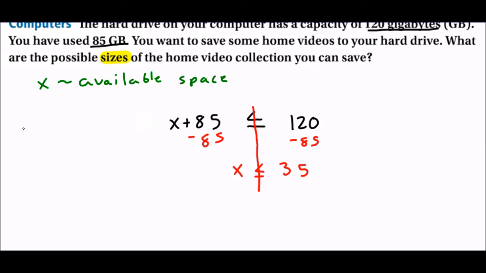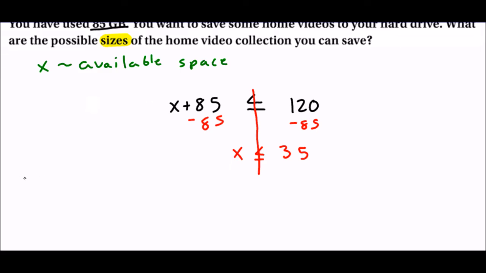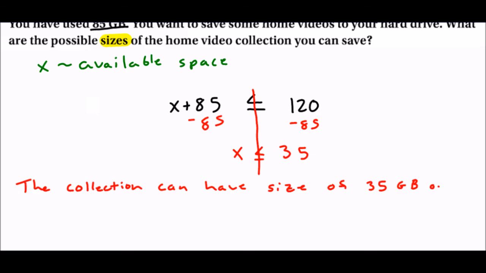And so we need to say something like the collection can have a size of 35 gigabytes or less. And that answers the question. It says the collection can have a size of 35 gigabytes or less, which is what we were originally looking for. So that is a brief tutorial on how to solve basic inequalities. There's more to it, but we'll get to that as we go on.